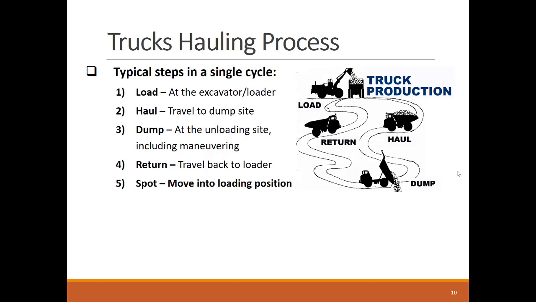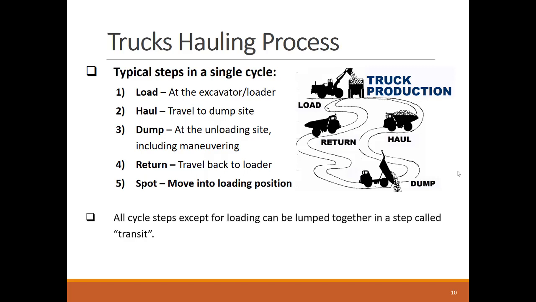Also, to agree on some terminology, we can lump all the steps except for loading into a large step called transit and estimate its time to represent the part of the cycle when the truck is away from the loading equipment.